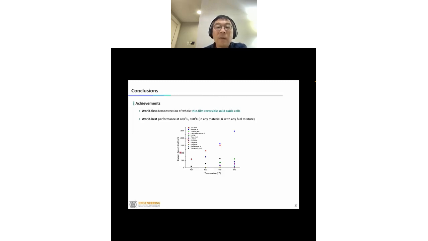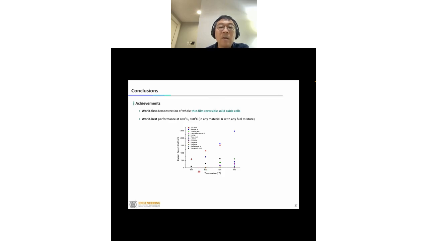Just for comparison, this type of thin film structure is compared with the performance of other cells which operate near 500 Celsius, from the references. There is a fair amount of good research published by other people, and our result is one of the best, or comparable to the best, especially in the range near 500 Celsius.